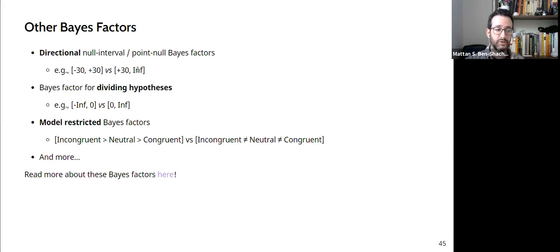So between +30 and infinity, we can have a Bayes factor for dividing hypotheses, where I'm comparing one hypothesis that the effect is negative compared to another hypothesis that the effect is positive, and more and more. There are many, many different types of Bayes factors, as I said, and you can read more about them in this little link right here.